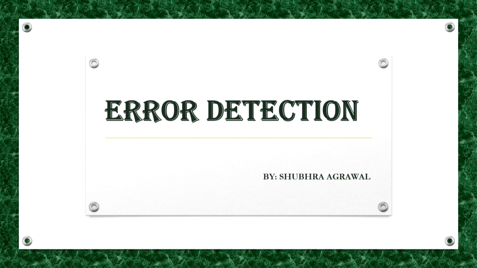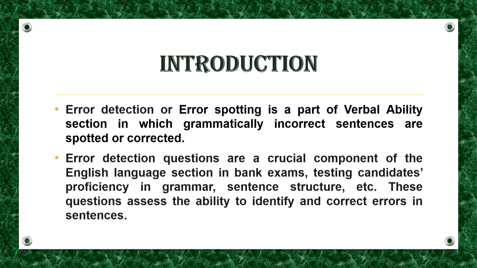which is error detection. So what is error detection? Error detection, also known as error spotting, is a part of the verbal ability section in which grammatically incorrect sentences are spotted or corrected. So basically, in it you need to find and correct the mistakes in a sentence.